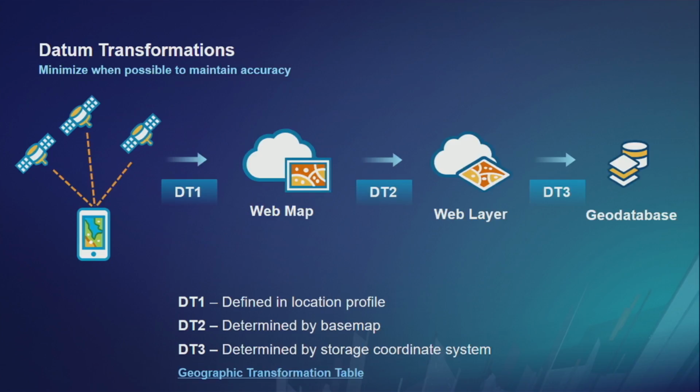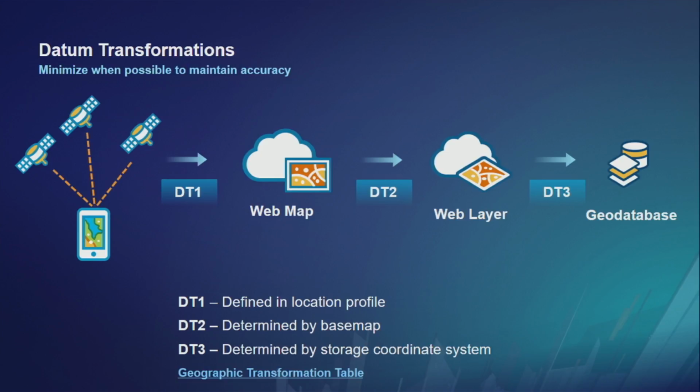From a web map to each individual feature layer, they can have different spatial references. So another datum transformation will come into play. And if you are using SDE and your service is using server feature services, then the TT3 step will be considered as well.